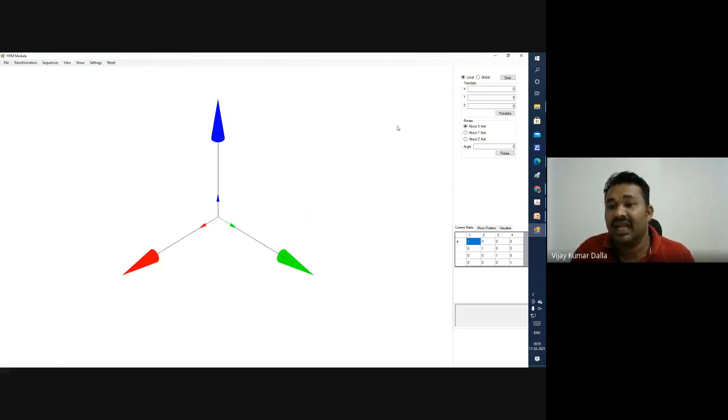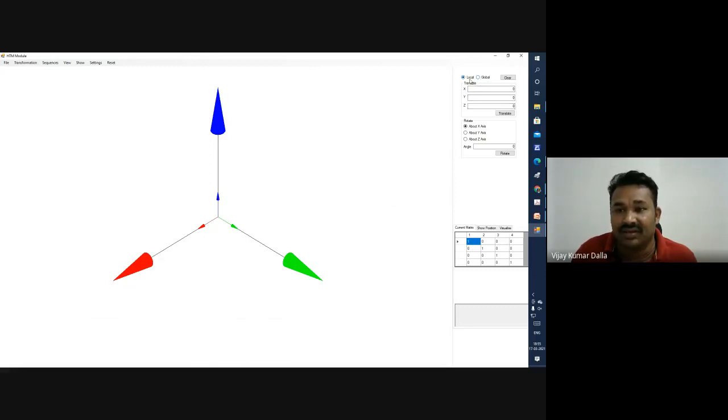If you see the right side in this module, there are two things, local transformations and global transformations.